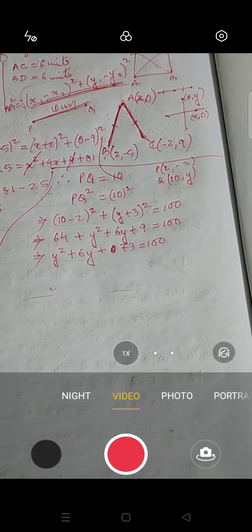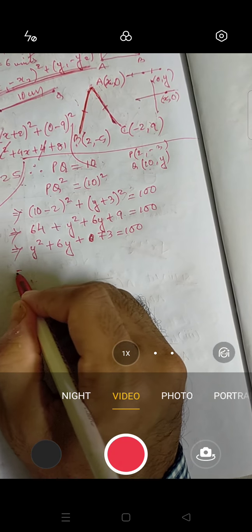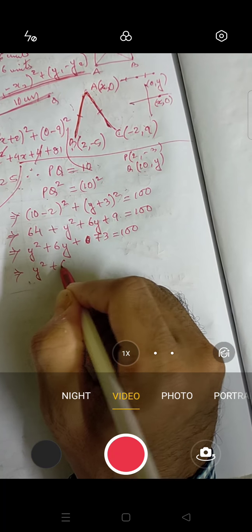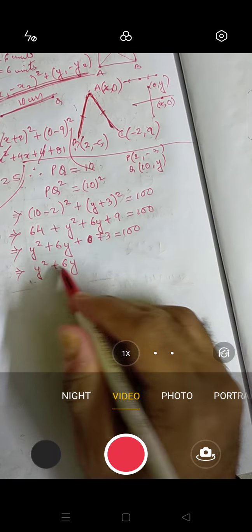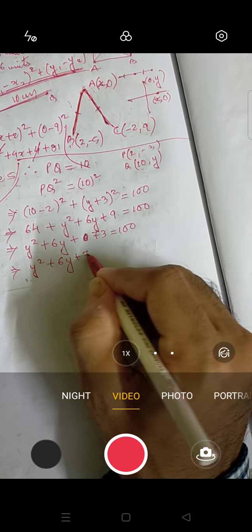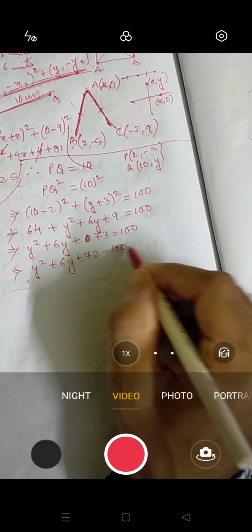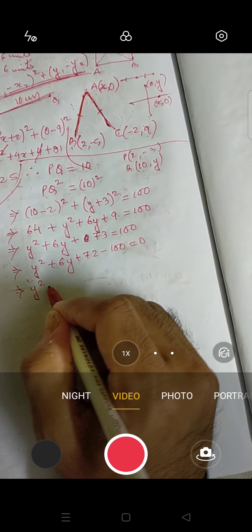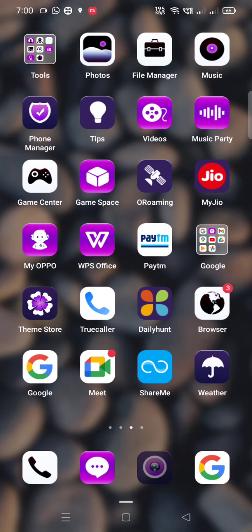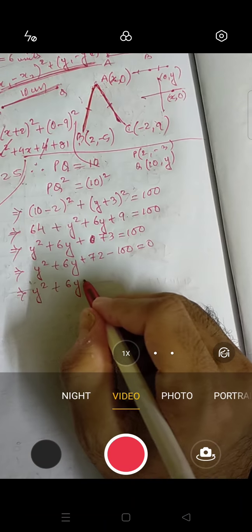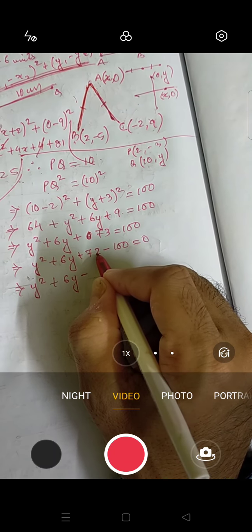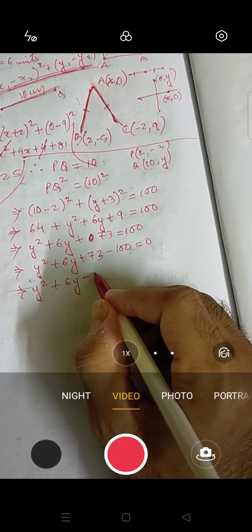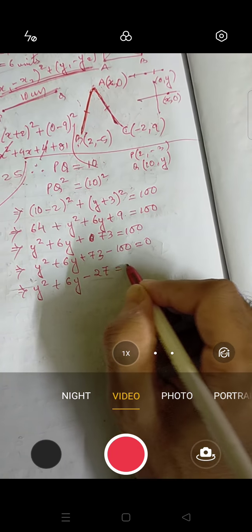Correct? Now we bring this here: y square plus 6y plus 73 minus 100 equals 0. So we have y square plus 6y minus 27 equals 0. Correct?